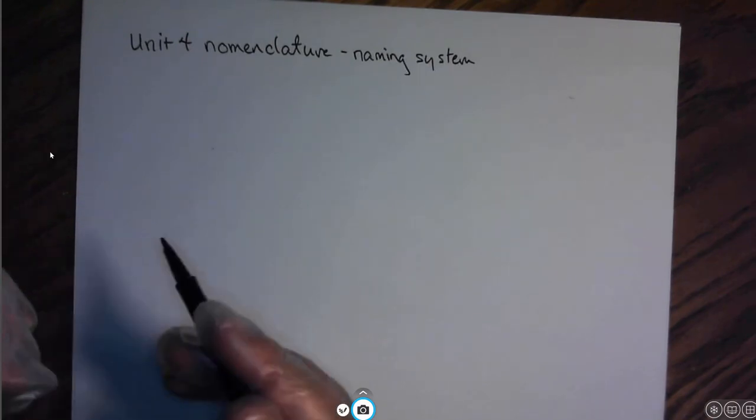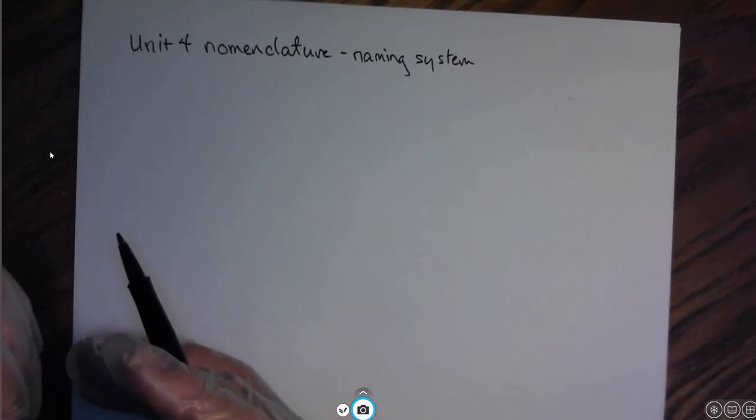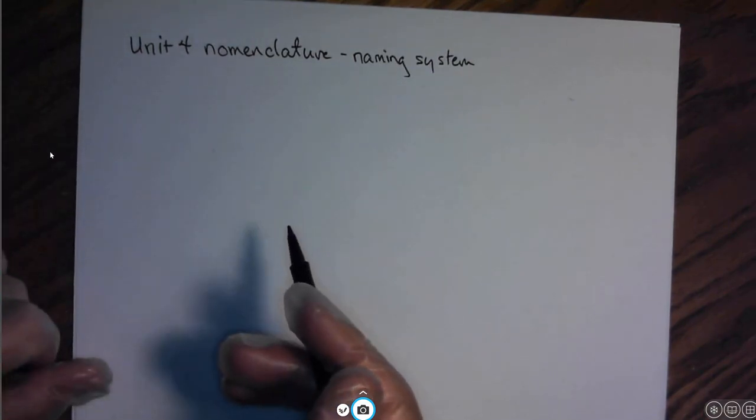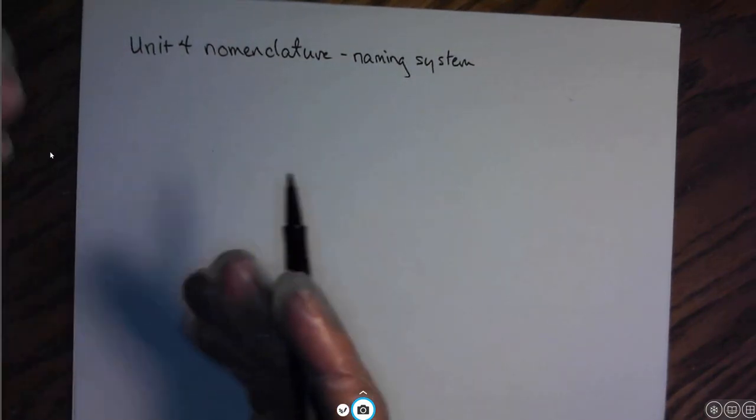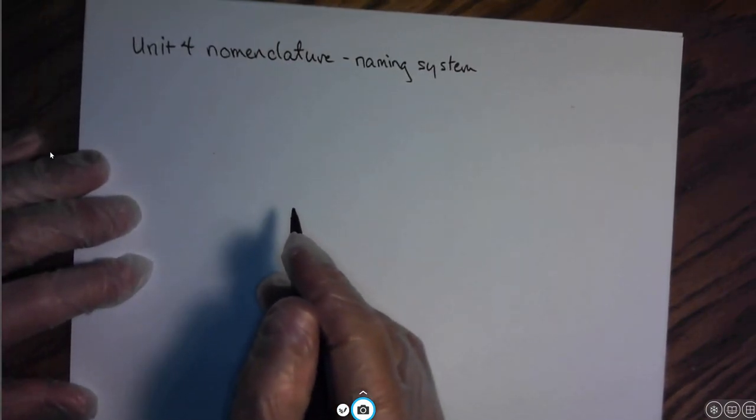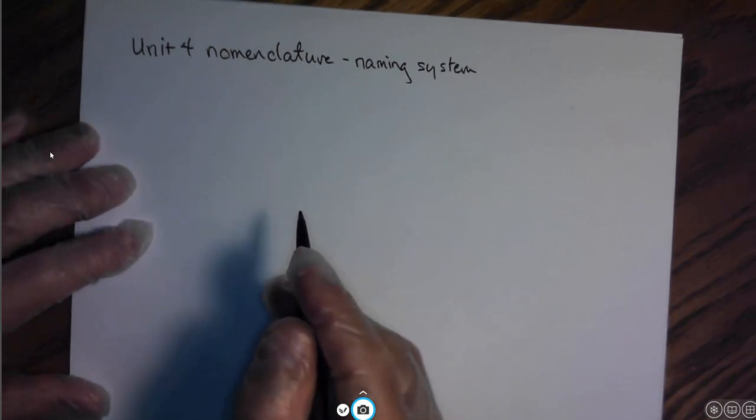For chemistry, when we're naming compounds, and that's what this nomenclature is about, there are a few other things we'll deal with in that unit too, but primarily it's all about naming compounds. We have 4 categories of compounds that we have to name.